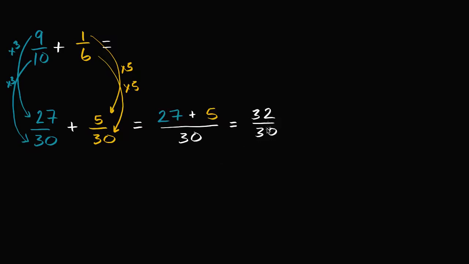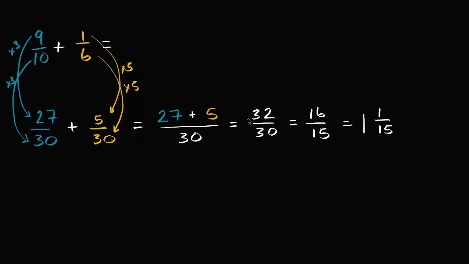If we want, we could try to reduce this fraction. We have a common factor of 32 and 30. They're both divisible by 2. So if we divide the numerator and the denominator by 2, the numerator divided by 2 is 16, and the denominator divided by 2 is 15. So this is the same thing as 16/15. And if I wanted to write this as a mixed number, 15 goes into 16 one time with the remainder 1. So this is the same thing as 1 and 1/15.